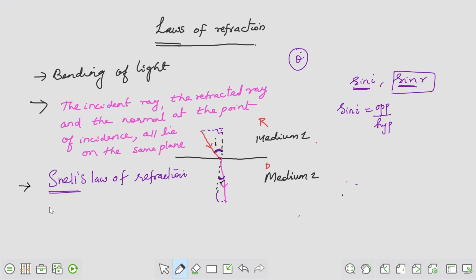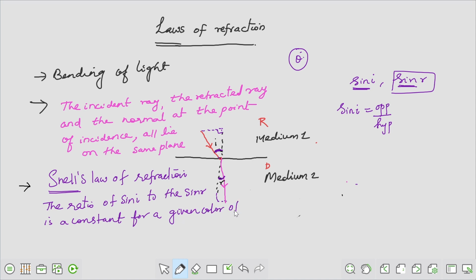The law states that the ratio of the sine of the angle of incidence to the sine of the angle of refraction is a constant for a given color of light and pair of media.